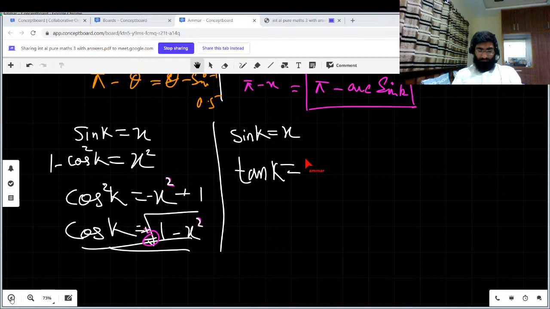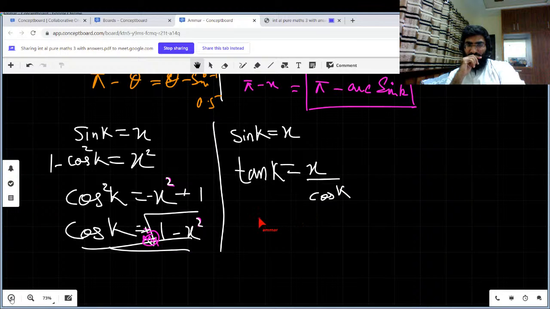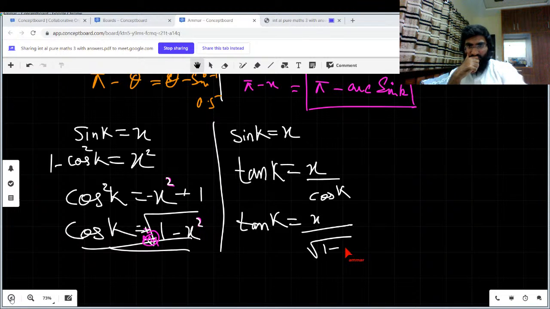I knew that all along. Then tan k, just write the value of cos k. From the previous step, it is under root 1 minus x squared.